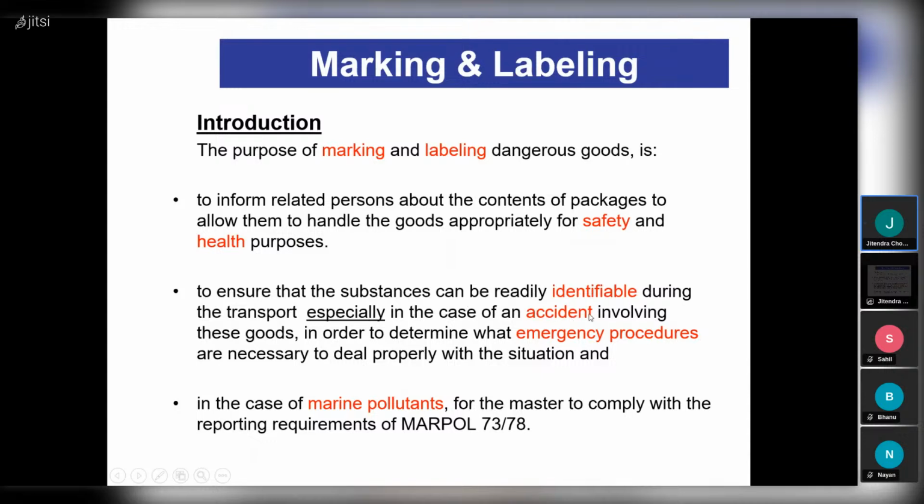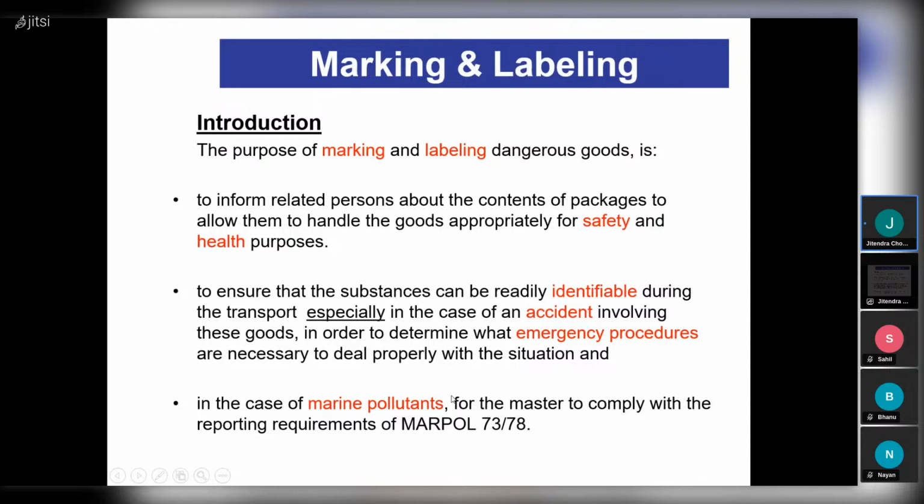You should be able to identify the goods like we saw just now, because in case of damage we need this information more importantly: what type of cargo it is, what the hazards are, what precautions to take, what the emergency procedures are for this cargo. So we will know that by the placarding and labeling easily.